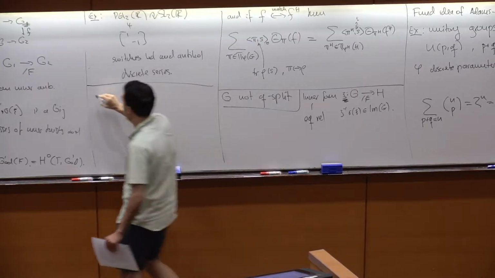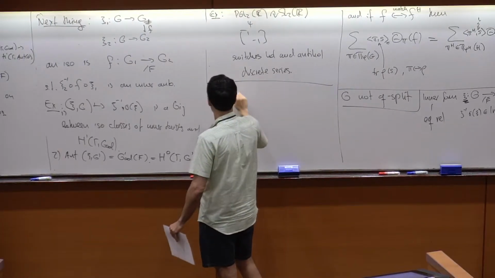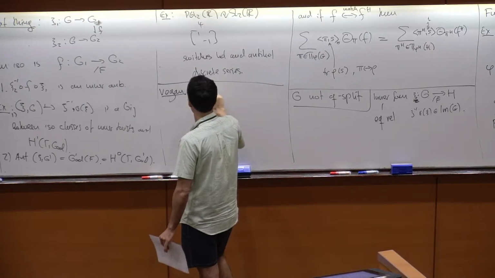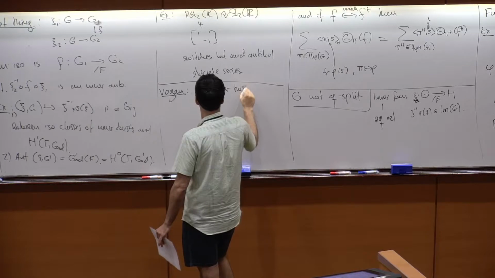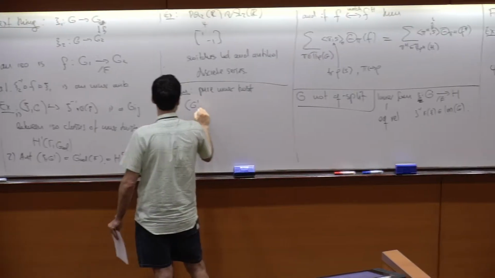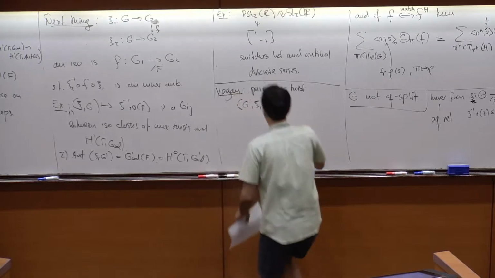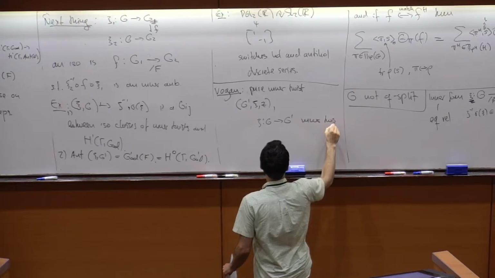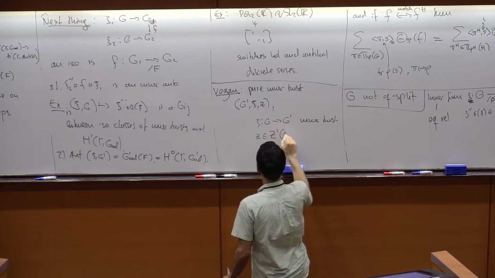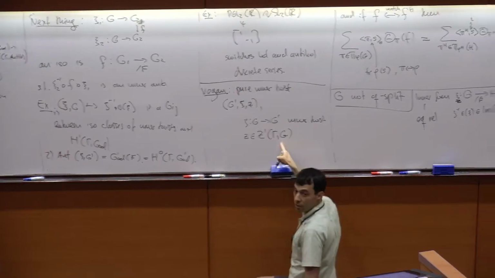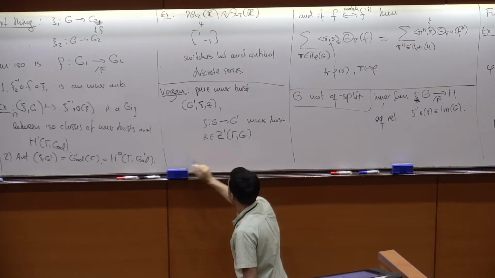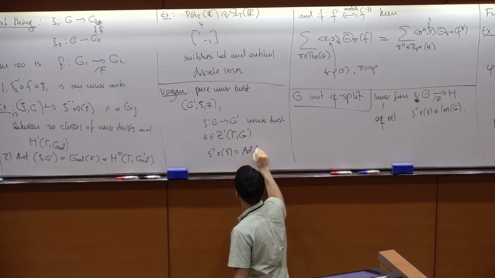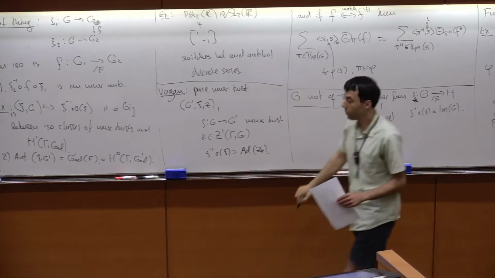So then Vogan finally suggested something that actually alleviates the problem, and that's the concept of a pure inner twist, which is going to be a triple G prime, psi and z, where psi is an inner twist, and z is a Galois one-cocycle in G and not in G adjoint, such that psi inverse sigma psi is the inner automorphism given by conjugation by this particular cocycle.